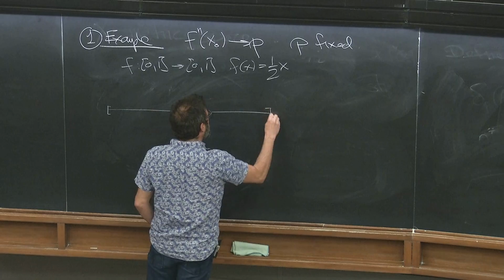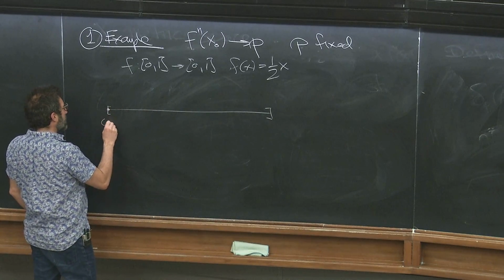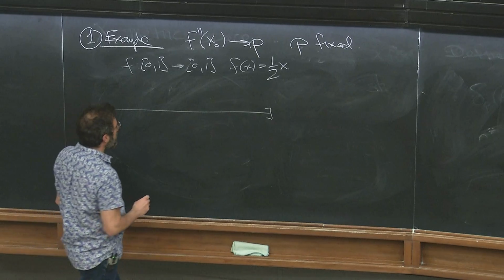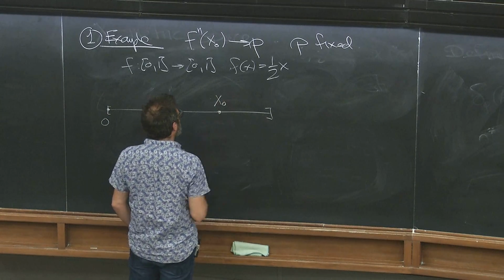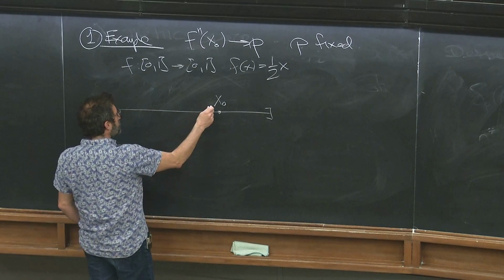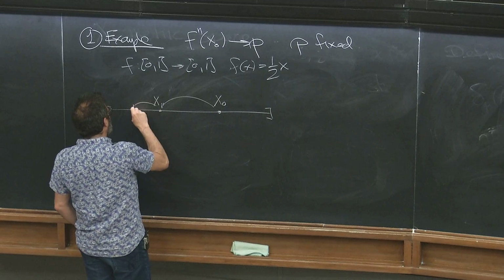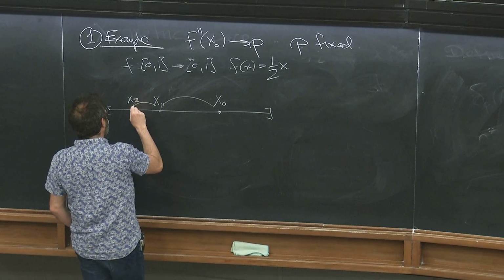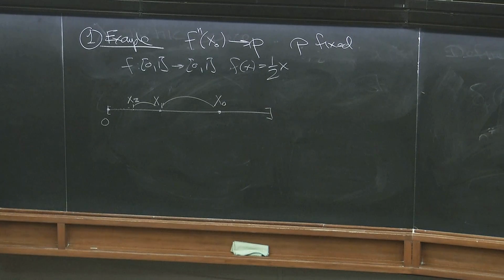So what happens? I will leave the actual calculation, the proof, to you as an exercise, but it's quite simple. If you take some initial condition x0, as we saw before, this maps to x1, this maps to x2, and we have this infinite sequence converging to 0.